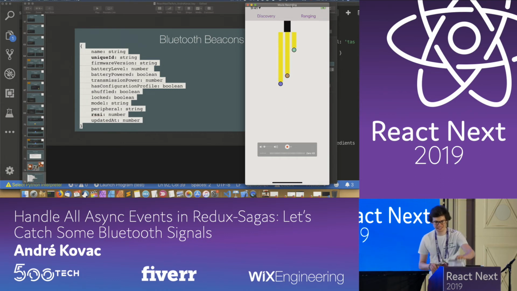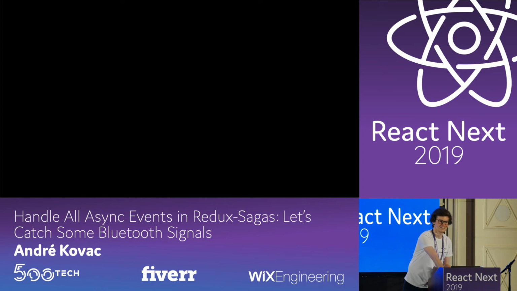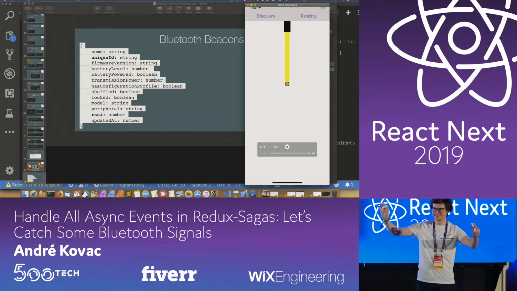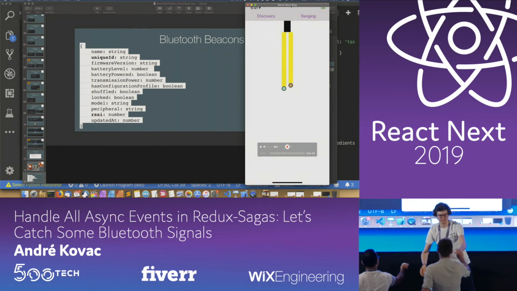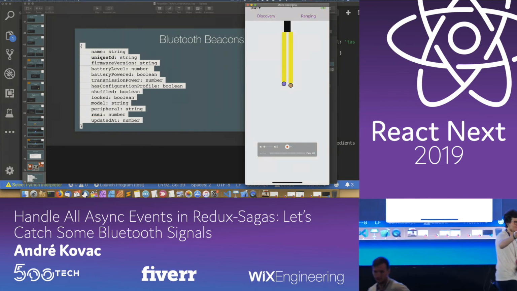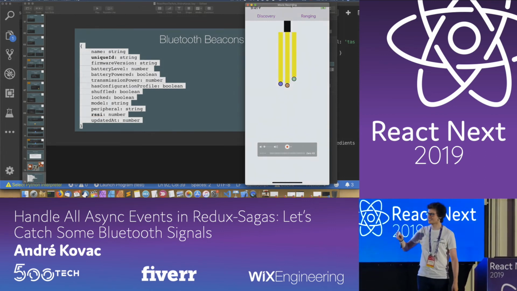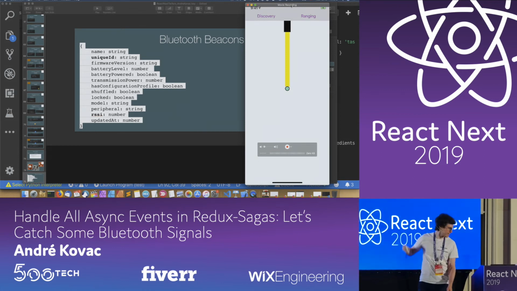I have 3 beacons with me, and I need 3 brave volunteers to take a beacon and try to identify it by moving around a little bit. Which beacon you have, which color. It indicates how far you are from my phone.